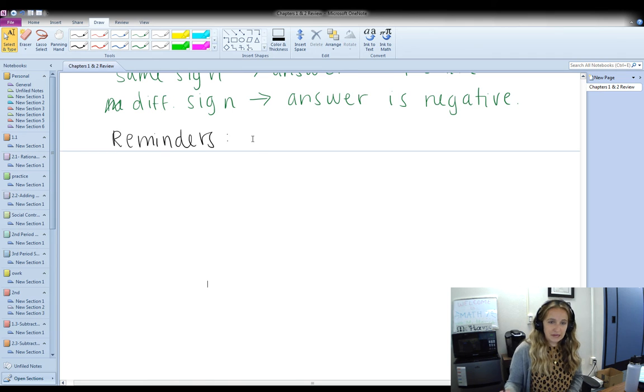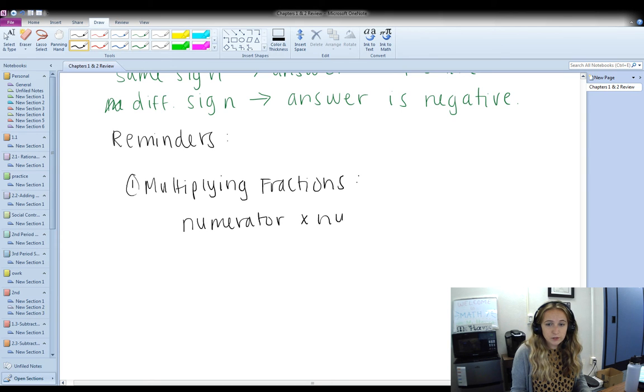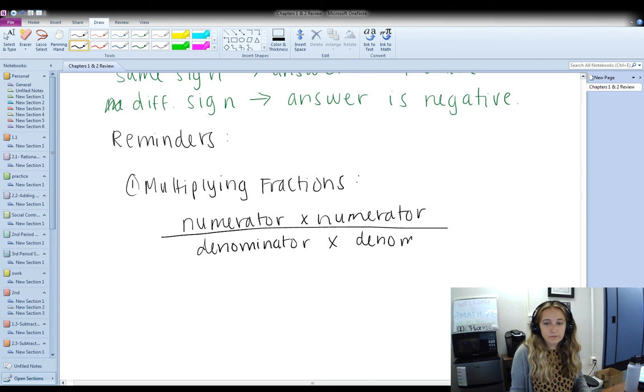A couple reminders are, to multiply fractions, you need to multiply the numerator with the numerator, and then the denominator with the denominator. We also call this the butterfly technique, but essentially it's going straight across. You're multiplying the top together and you're multiplying the bottom together.